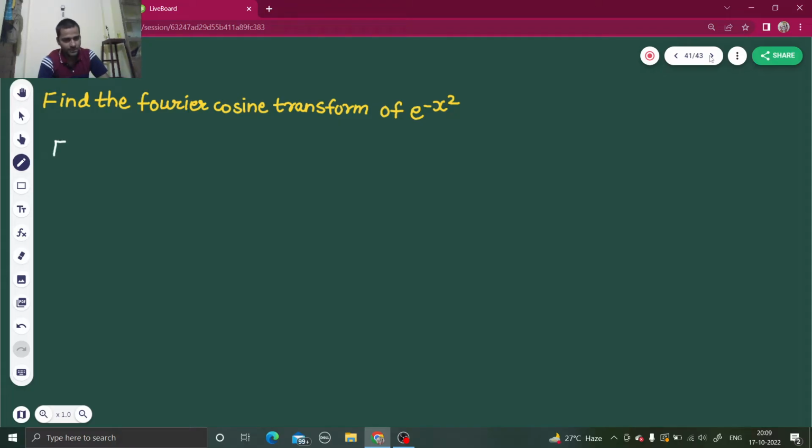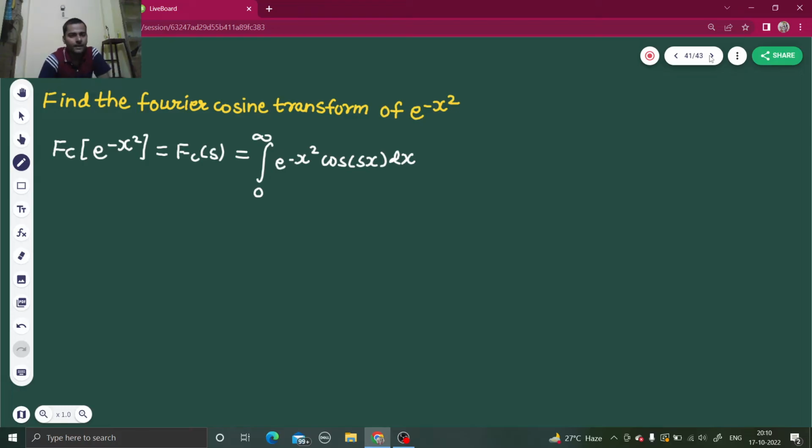So Fourier cosine transform of e power minus x square. So this will be somewhat a function of s, and Fourier cosine transform is given by integral 0 to infinity f(x) cos sx dx.